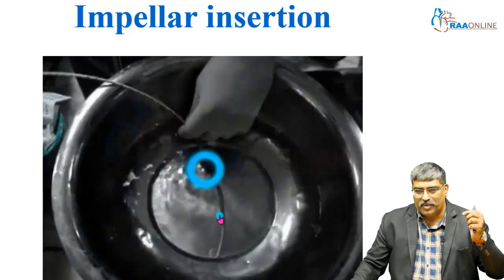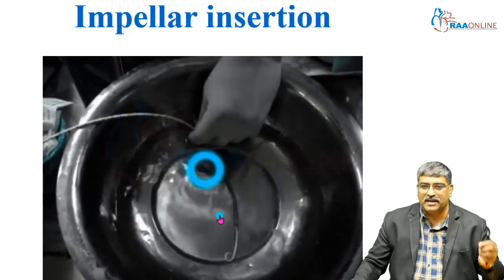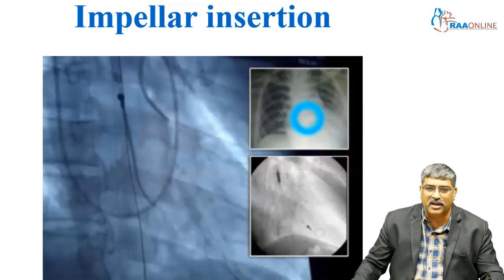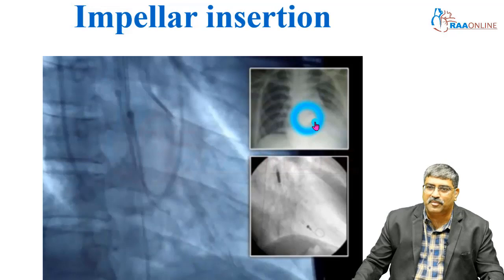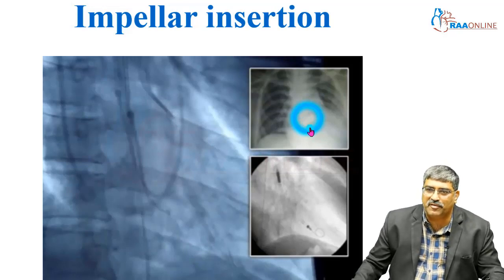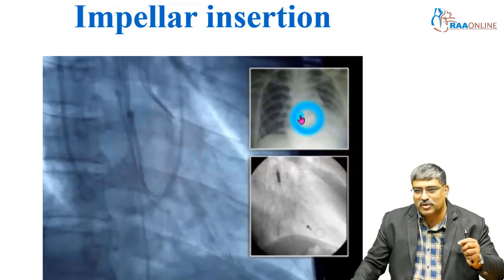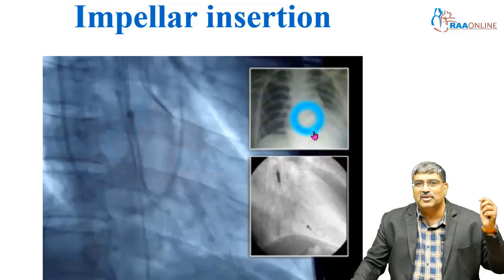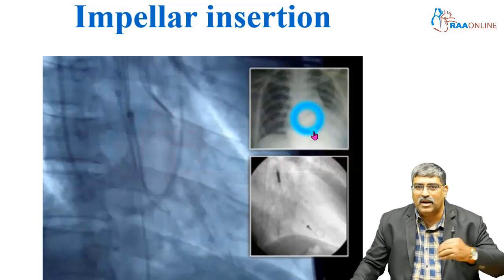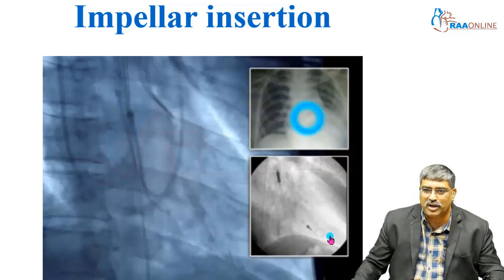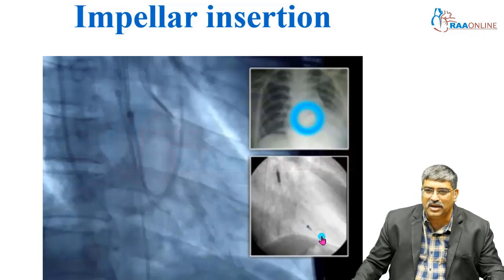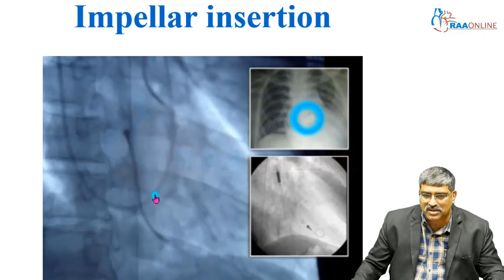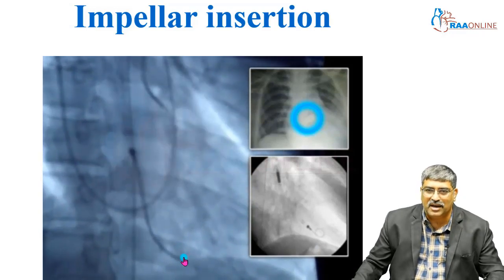For placing the Impella catheter inside the left ventricular cavity, you have to go to the cath lab. This is the normal location of the aortic valve. In this X-ray, I have shown the position of the aortic valve so that you can understand how an Impella goes across the aortic valve into the left ventricular cavity. This is the location of the Impella pump.